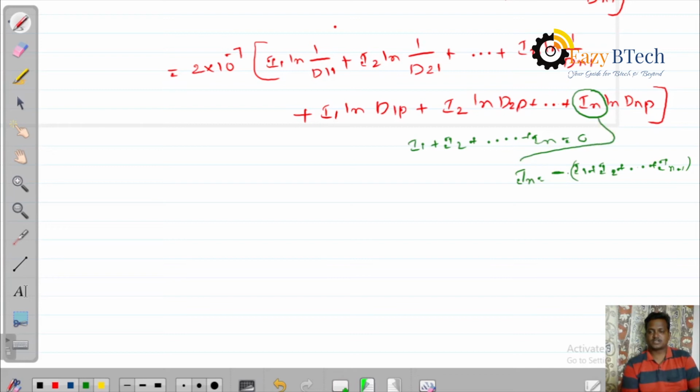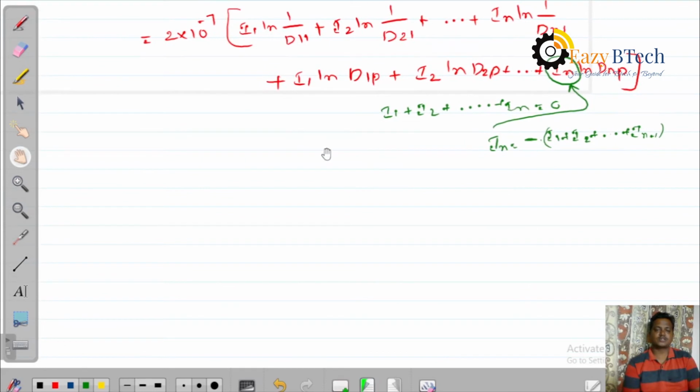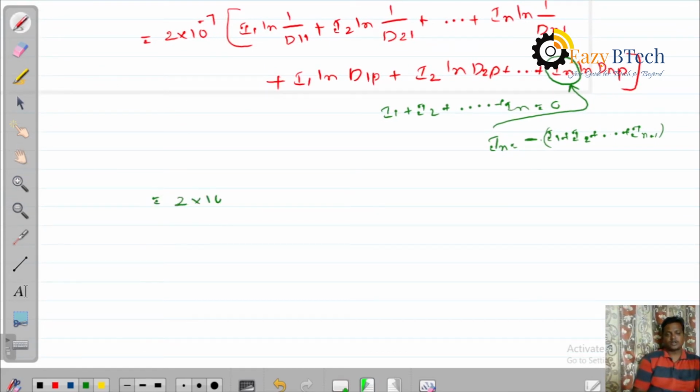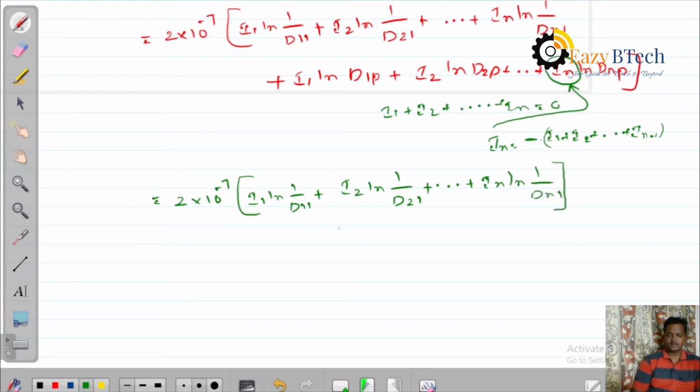Substitute this equation in here. What you get if you substitute that equation? It is 2 into 10 power minus 7 I1 ln 1 by d11 plus I2 ln 1 by d21 plus up to In ln 1 by dn1.